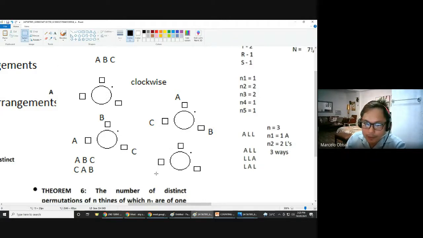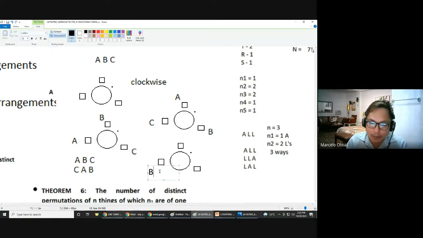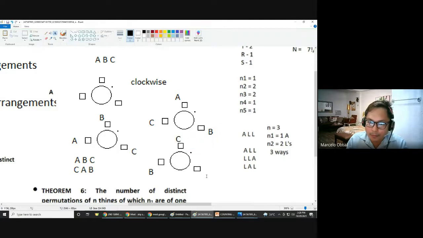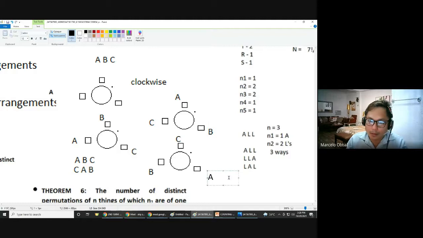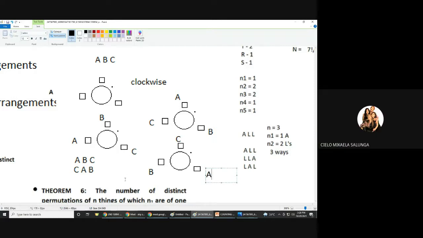BCA. B, C, A. Okay. Meron pa ba, Shelo? Wala naman siguro, sir. Okay.